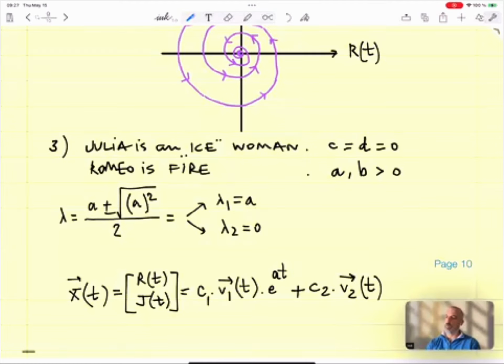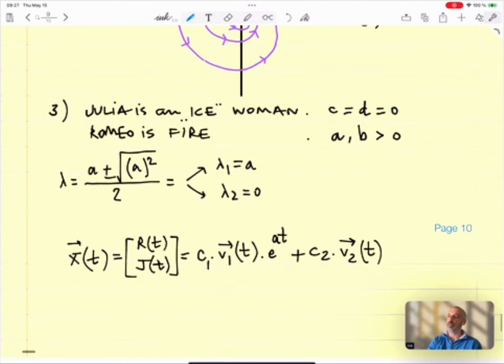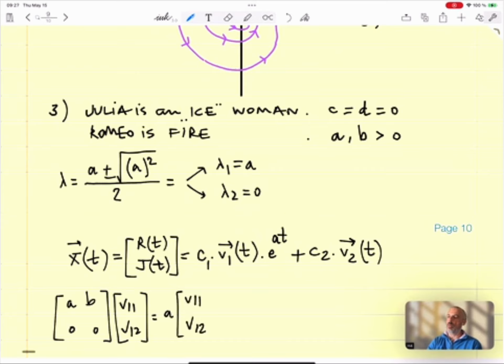So let's calculate the first eigenvector. A is going to be [a, b; 0, 0] times (v11, v12) equal a (v11, v12), which is going to yield v11 equals 1, v12 equals 0.